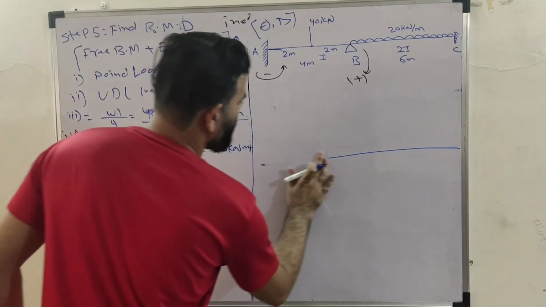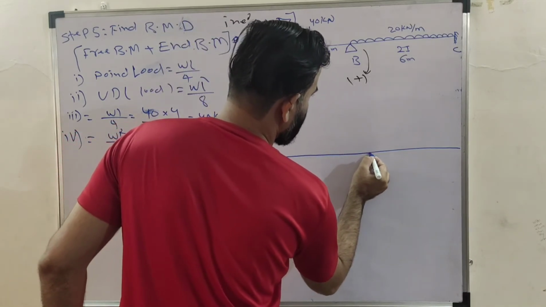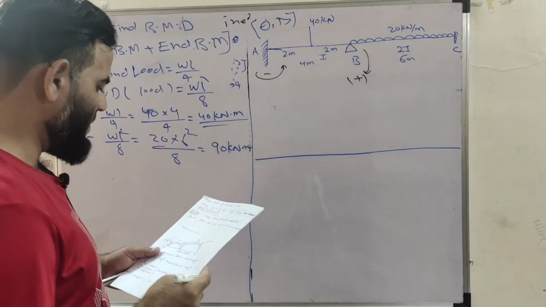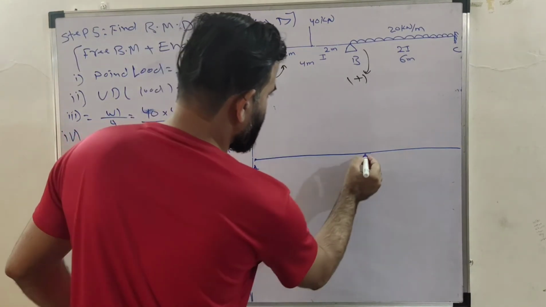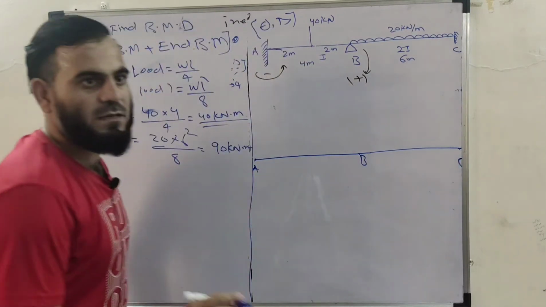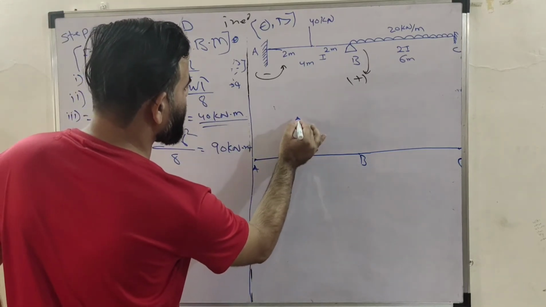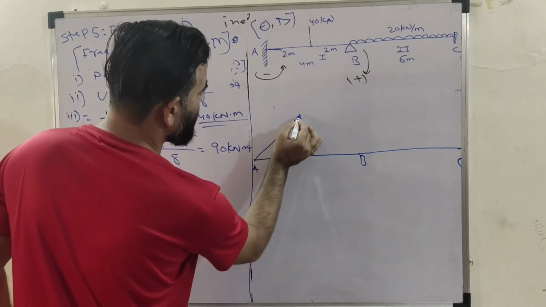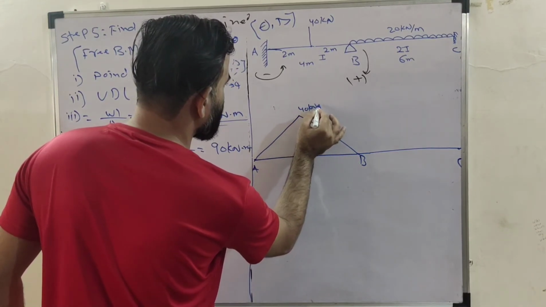Now we will draw the bending moment diagram. First A, second B, C. These three supports we have. Due to the point load, the load is acting at the center point here, that is 40 kilonewton meter.